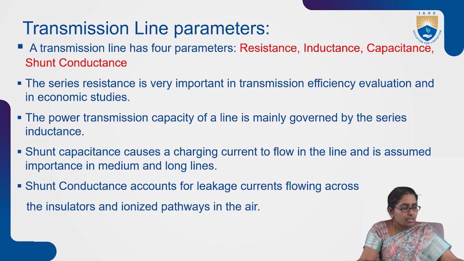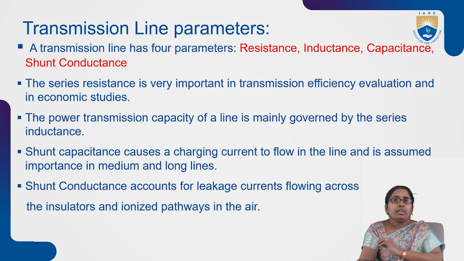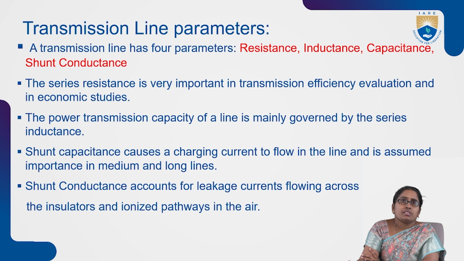First about resistance. The resistance always exists in series, and this resistance is important in transmission efficiency evaluation and in economic studies. Because of the resistance there is always some power loss, so it mainly affects the efficiency of the transmission line.